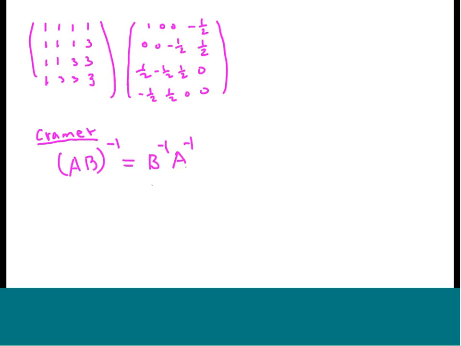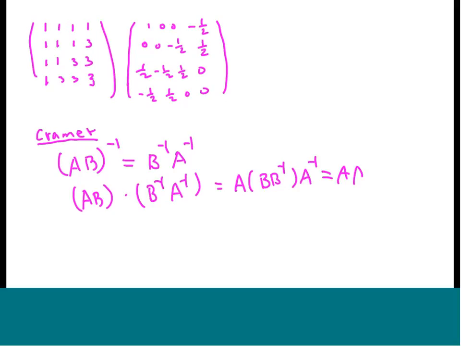So the order is important. B is in front of A now. Why? Because AB times B inverse A inverse, by associativity, gives A A inverse, which is I. So this is why (AB) inverse is what it is.